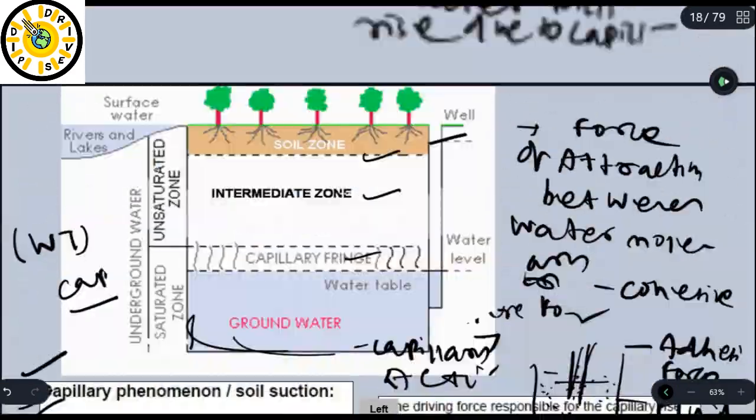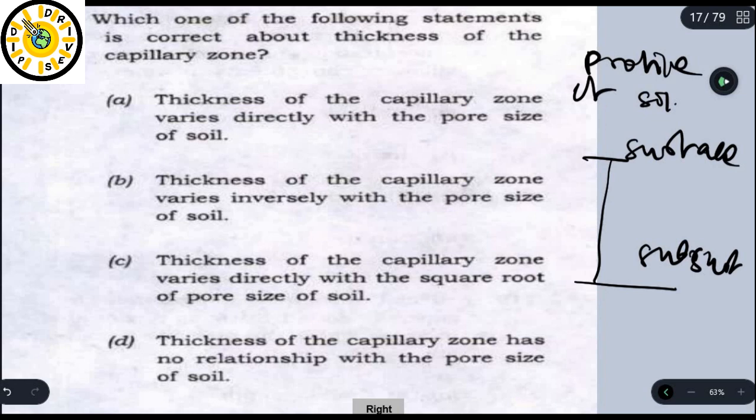So what is the answer? Let me go to the back. So the thickness of the capillary zone varies directly, not directly, right? The thickness of the capillary zone varies inversely with the pore size, right?